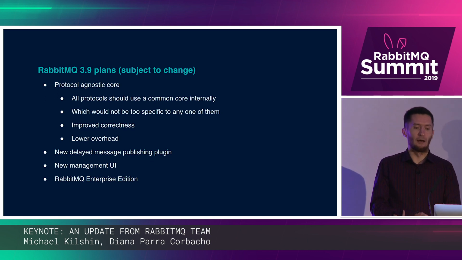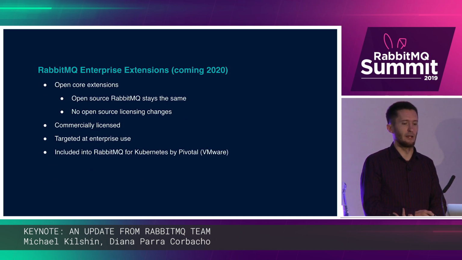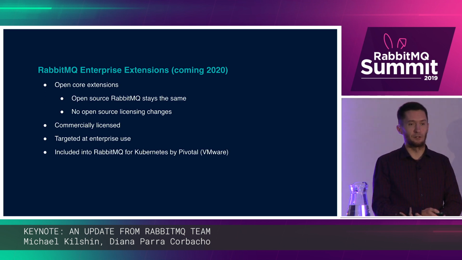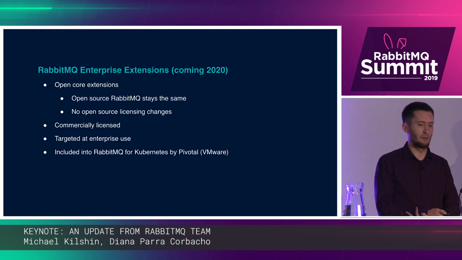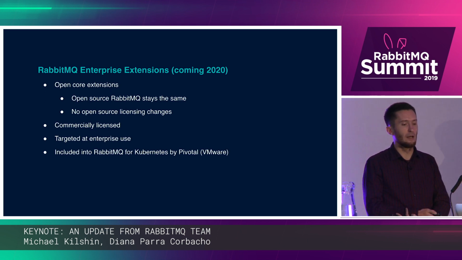We also have RabbitMQ Enterprise Edition. So what the hell is that? It's a set of extensions to the core open source RabbitMQ. Just to make it clear, the RabbitMQ license is not going to change.